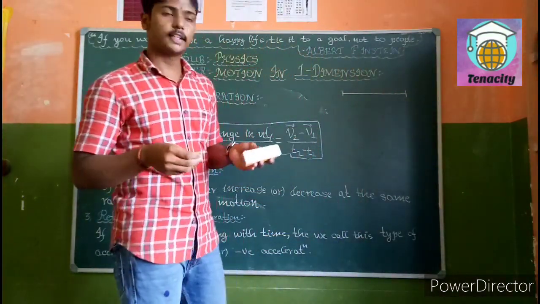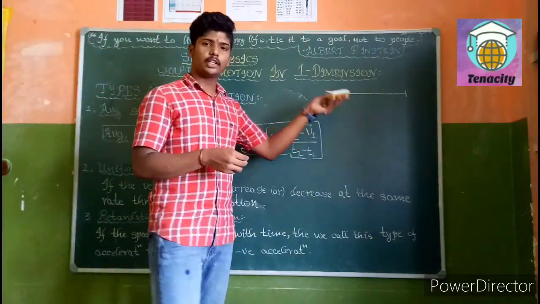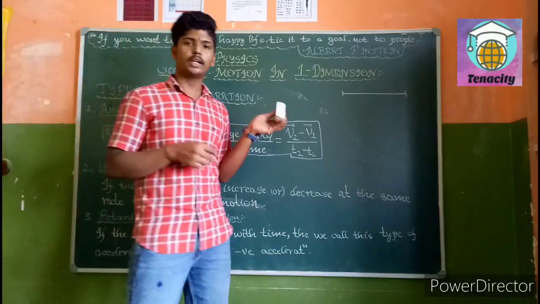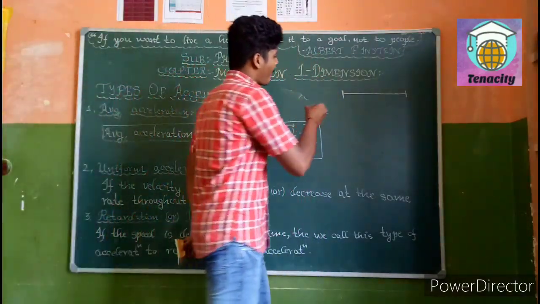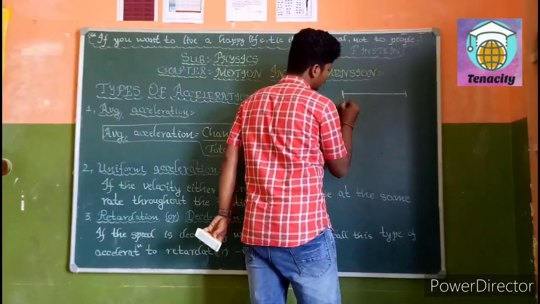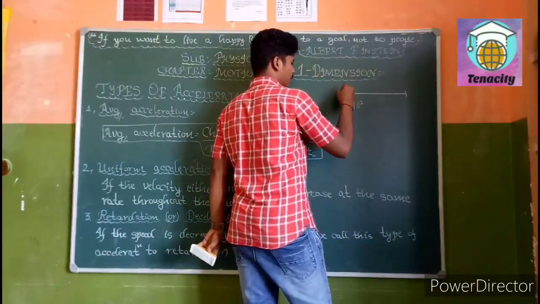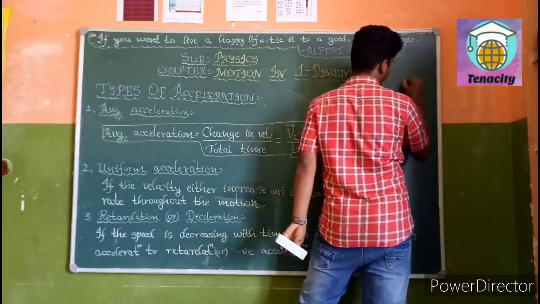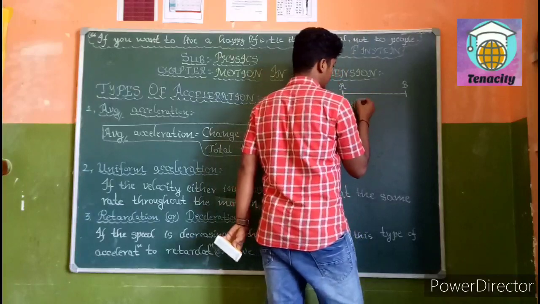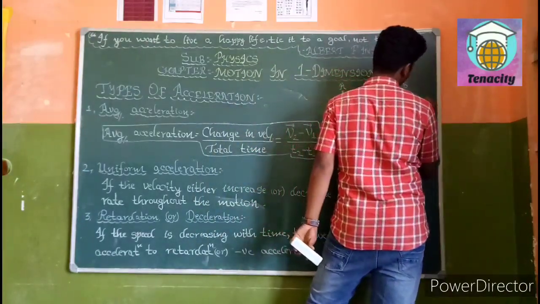As we are discussing a one-dimensional chapter, I am always giving you examples related to one dimension. So let the acceleration be 2 meter per second square at the initial point A, and at the final point B, let the acceleration be 1 meter per second square.